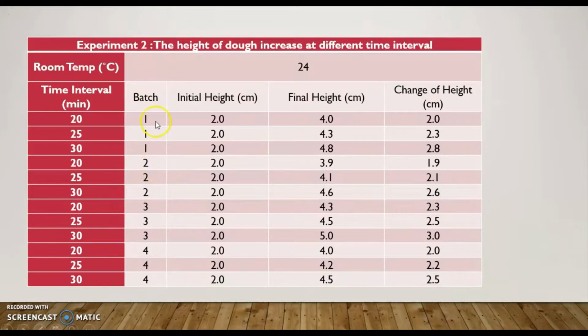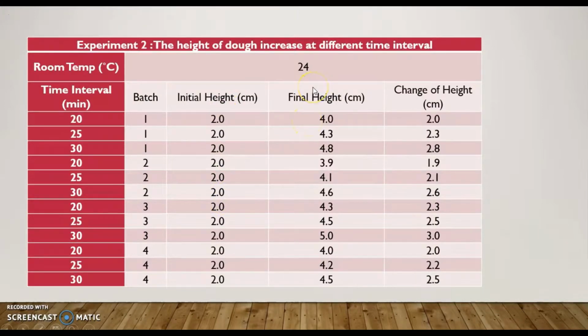Okay, so this is going to be batch 1, batch 2, batch 3 and batch 4 because we repeat this experiment 4 times, same as the previous experiment. We also maintain the height of the yeast at 2 centimeter for each batch.